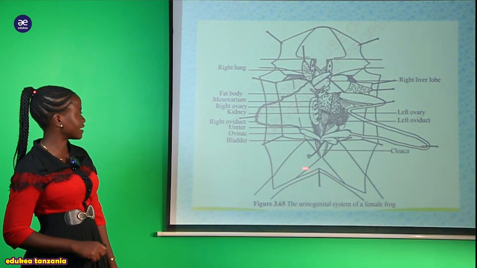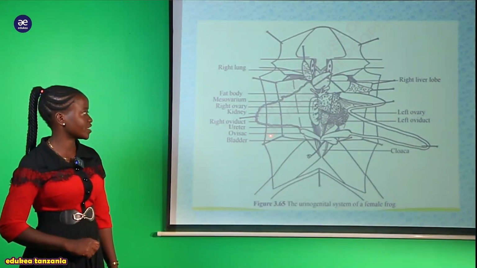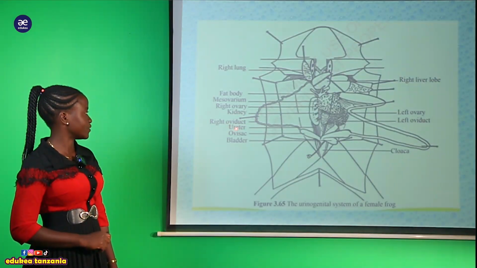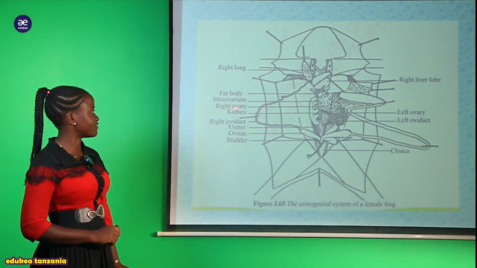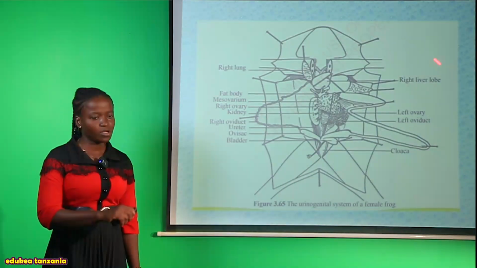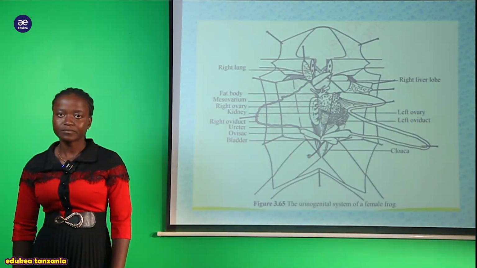We have the cloaca, we have bladder, ovisac ambayo inafanya kazi ya temporary storage of the ovaries. And also this organism, they have a ureter, they have right oviduct, kidney, they have right ovaries, mesovarium, they have fatty bodies, and so on. All of these structures are found within the female frog.